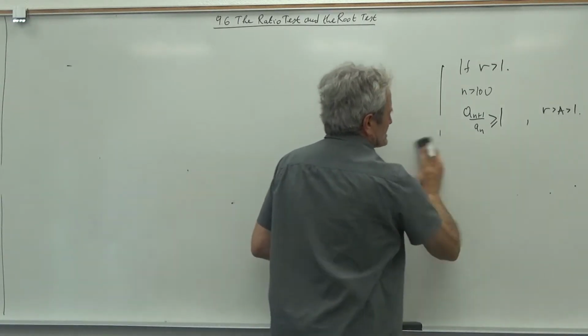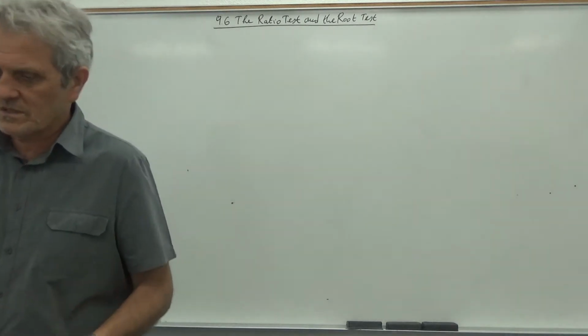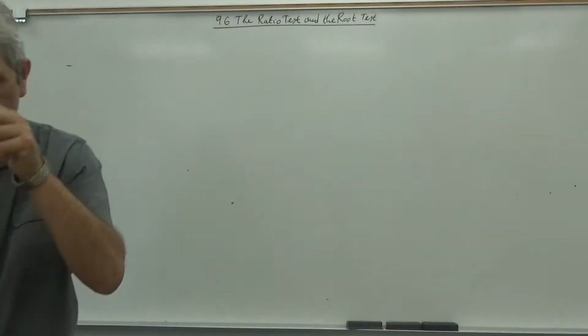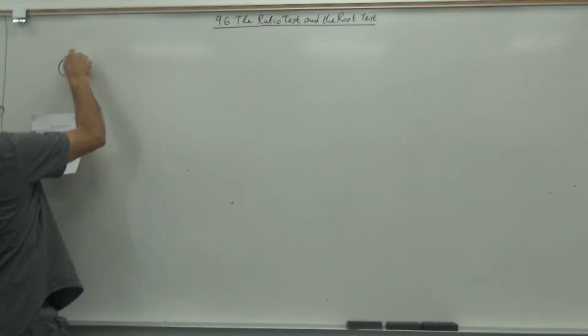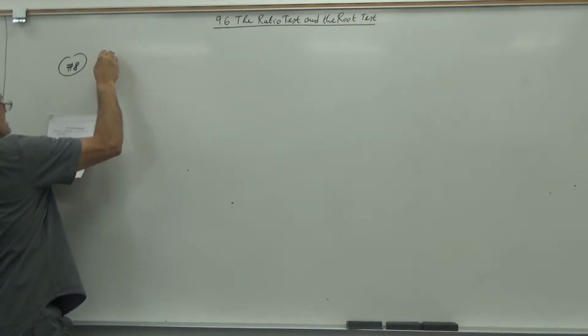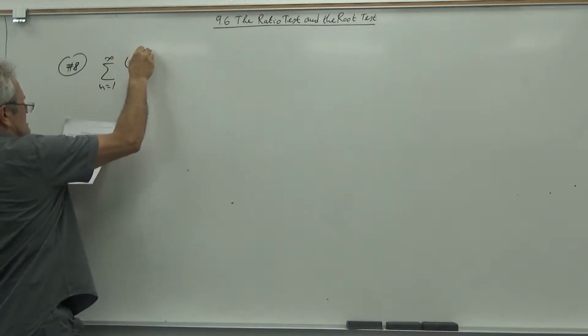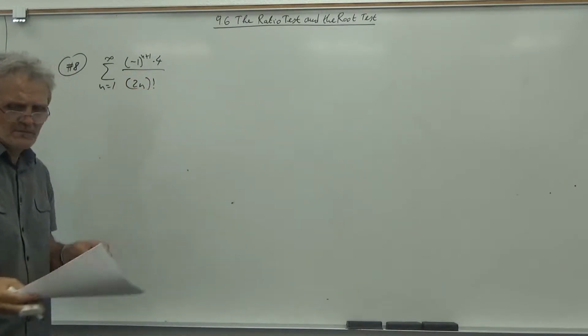As I said, the ratio test is really just a ready-made version of a comparison test. So here is problem number 8. You get the sum from n equals 1 to infinity of (-1)^(n+1) times 4 over (2n) factorial.